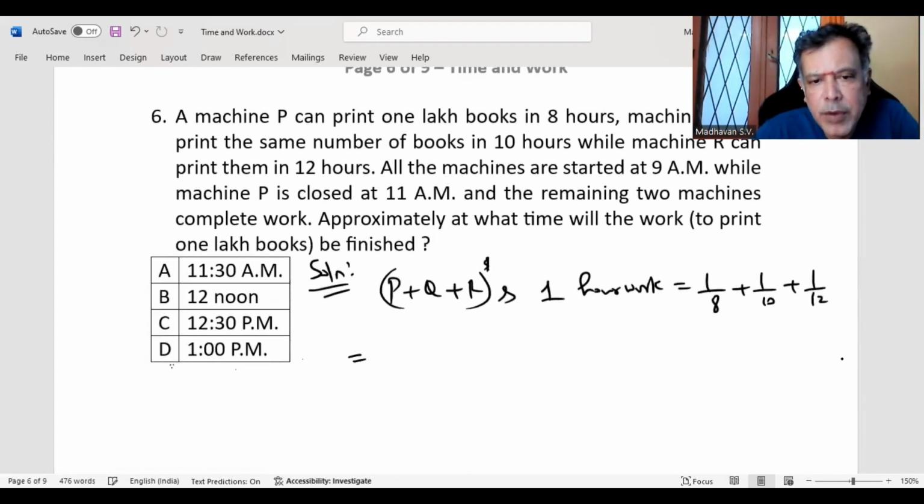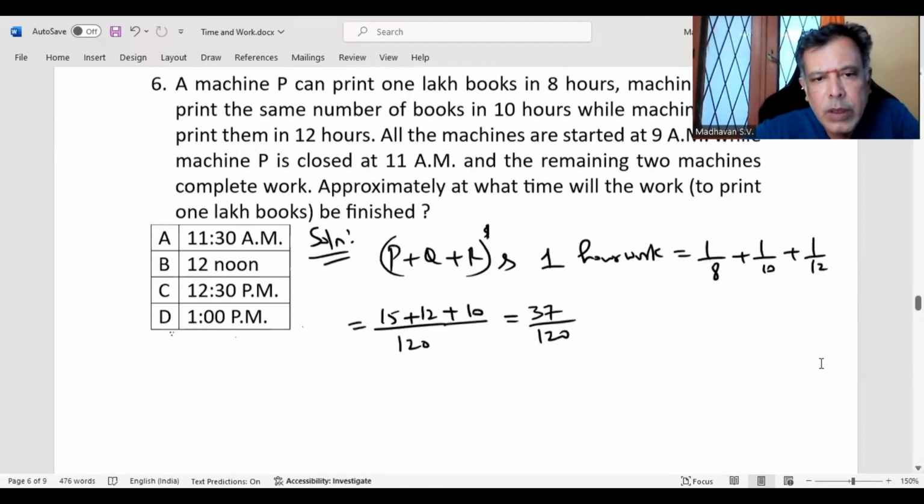That means LCM of 8, 10, 12 will become 120. So here we get 15, here we get 12, here we get 10, which means we get 37 by 120.